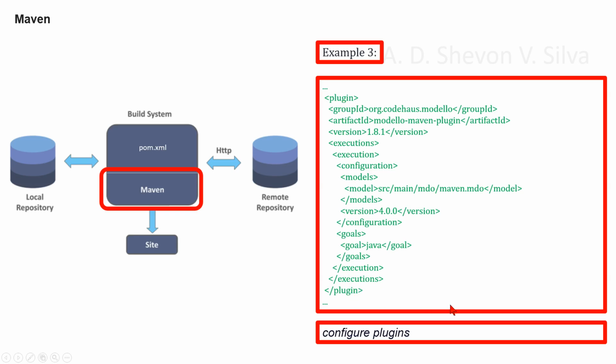You might be wondering why the executions element is there. That is so that you can run the same goal multiple times with different configurations if needed.